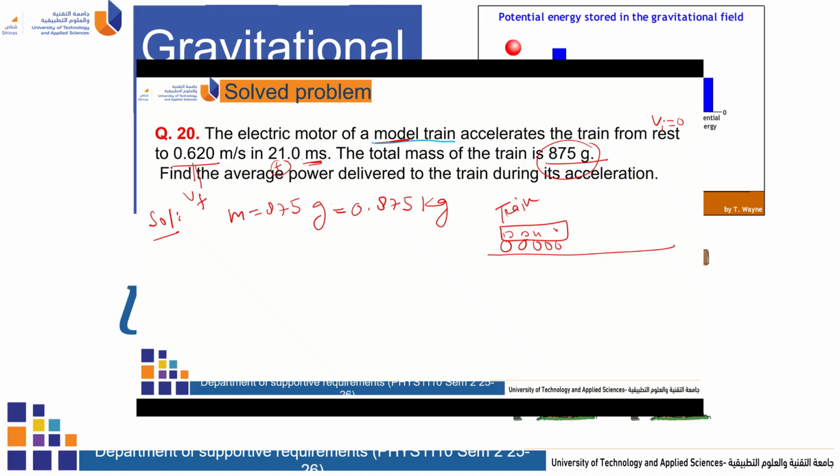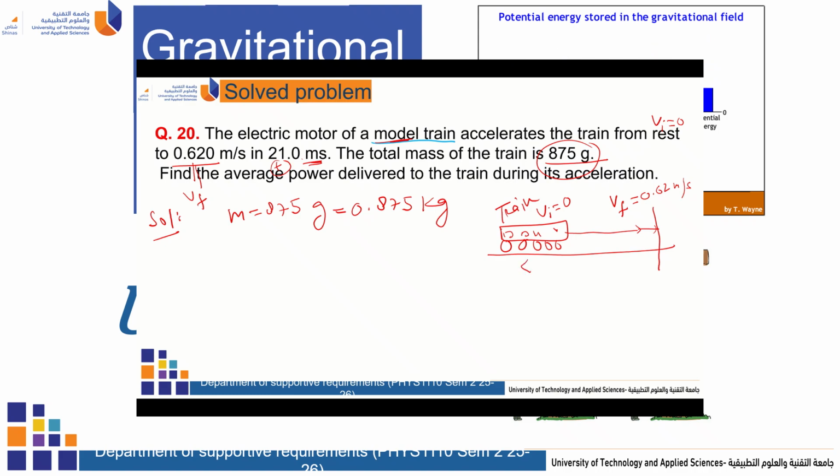And this train started from rest, so this is 0, and the train is moving from here to here, reaching up to here, and the velocity is given. So this I can say is the final velocity, that is 0.62 meters per second.